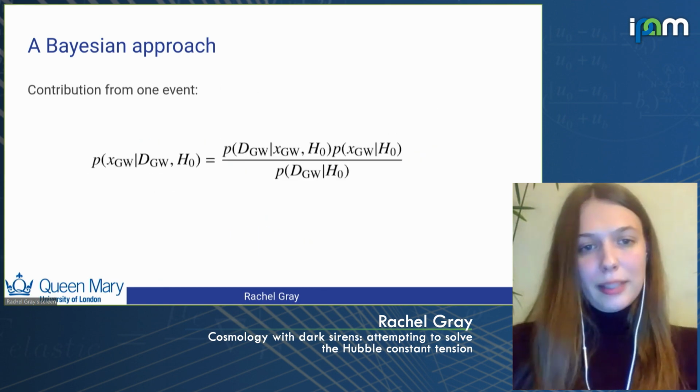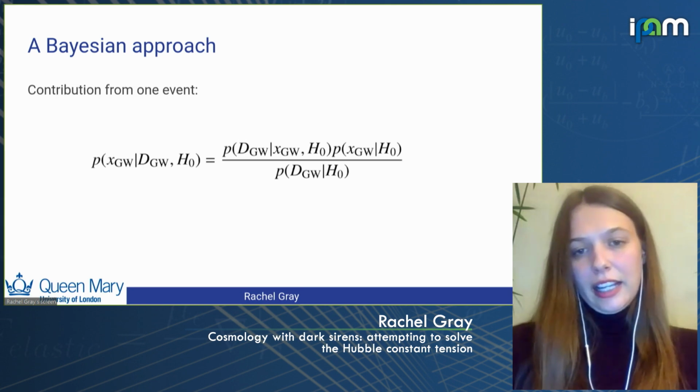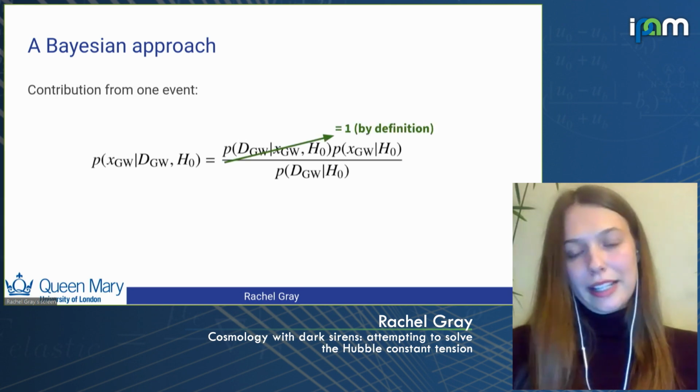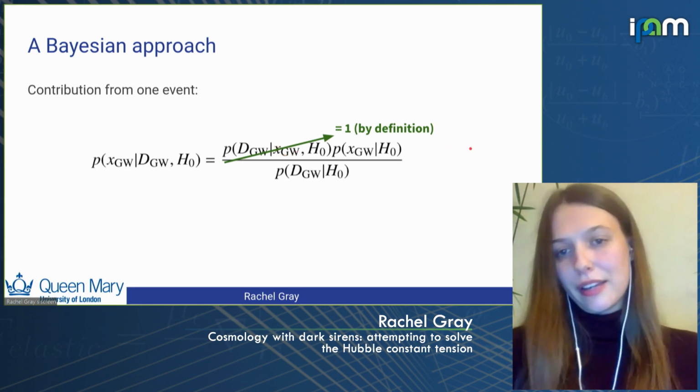So if we look at this a little bit closer, you can Bayes this expression for one event, and it looks something like this. Now, the first term handily goes to 1 by definition. It's the probability of detecting a gravitational wave given said gravitational wave data, which we already know by definition has passed the threshold.